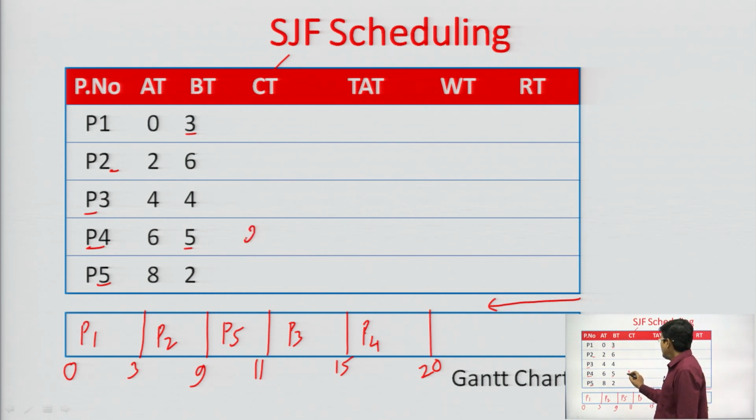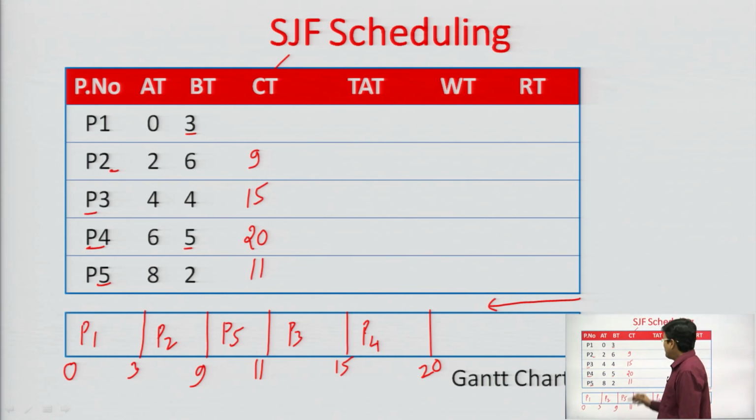Let us mark the completion time for the P4 process as 20. The P3 process finishes at 15, so let us mark the finishing time of the P3 process as 15. The P5 process finishes at 11, so let us mark the finishing time for the P5 process at 11. Let us mark the finishing time for the P2 process at 9, because 9 is the last time we see the P2 process here.